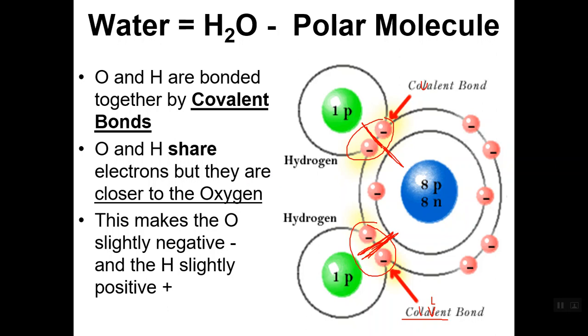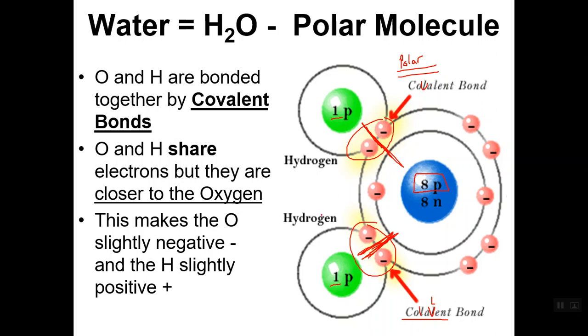This covalent bond is a special type of covalent bond. It's called a polar covalent bond. What does that mean? It means that the oxygen is an electron hog. The oxygen has 8 protons, whereas the hydrogens only have 1 each.